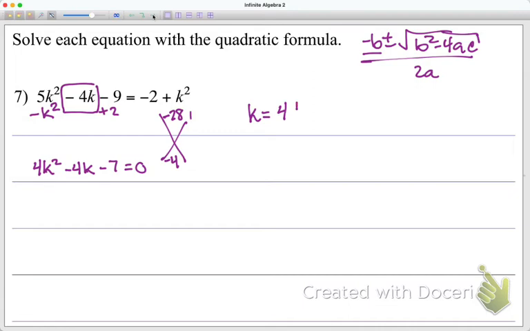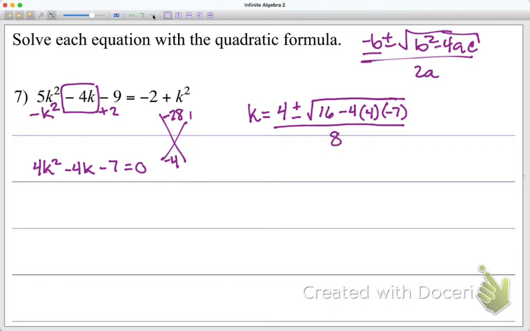Plus or minus the square root of negative 4 squared, which would be 16 minus 4 times, what's a? 4 times c, which is negative 7. So, let's see. Oh, wait, all over 8. There's your 8.